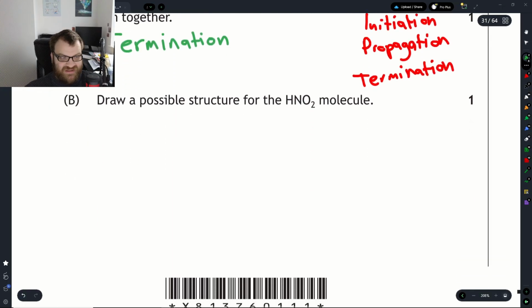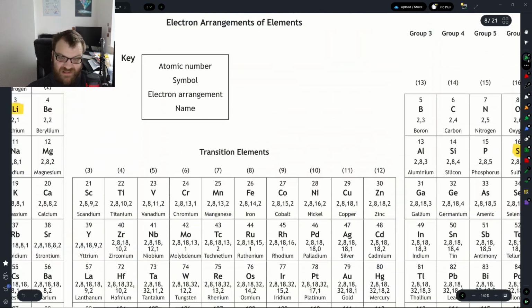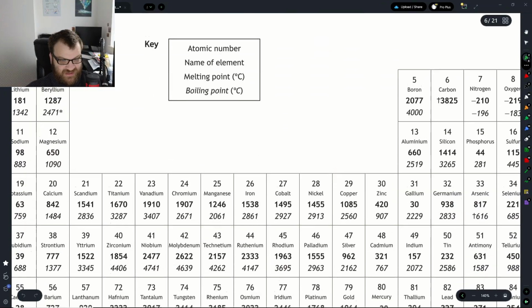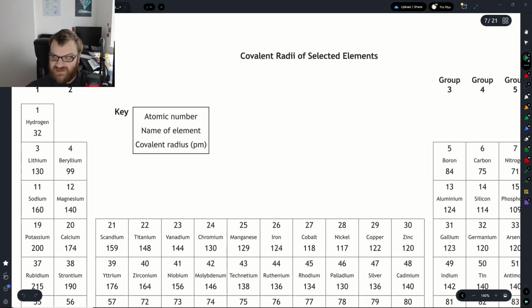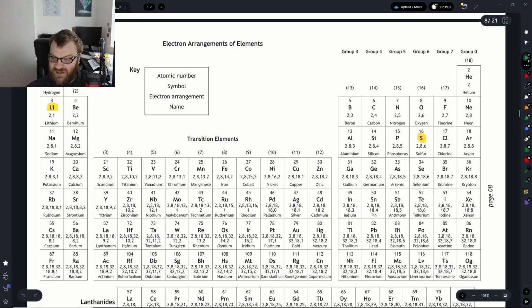This next one, we're asked to draw a possible structure. First thing we need to know is how many bonds each of them makes. That's the most important thing. Your marker's going to check, does your, for instance, hydrogen make 1 bond like it's supposed to? Your nitrogen 3 and oxygen 2.